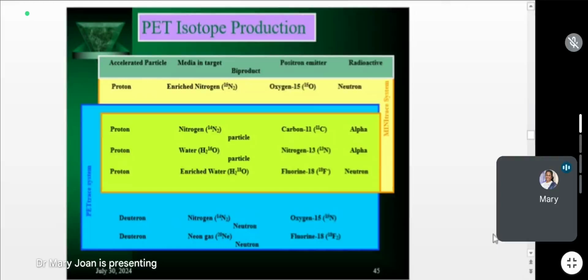So when proton is bombarded with enriched nitrogen, we get oxygen 15.